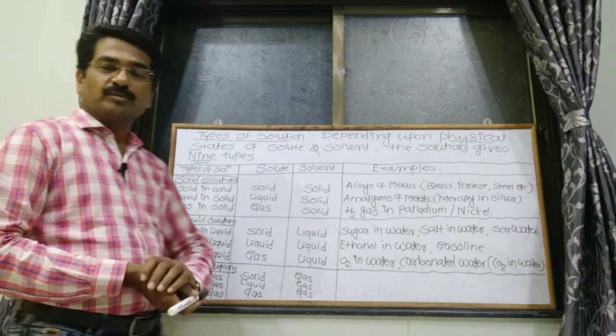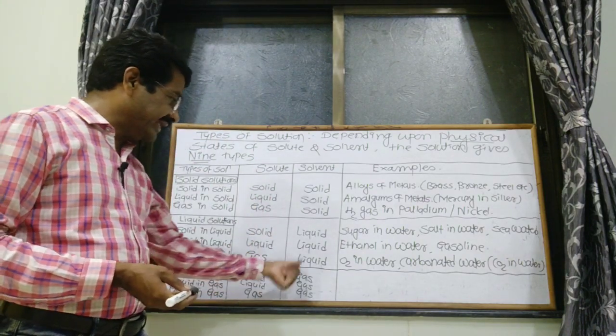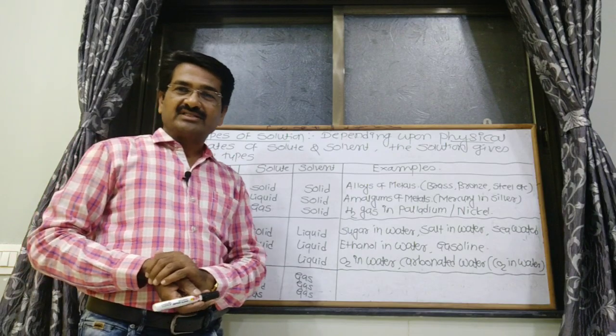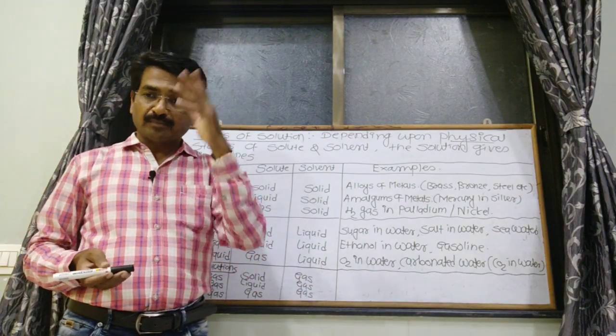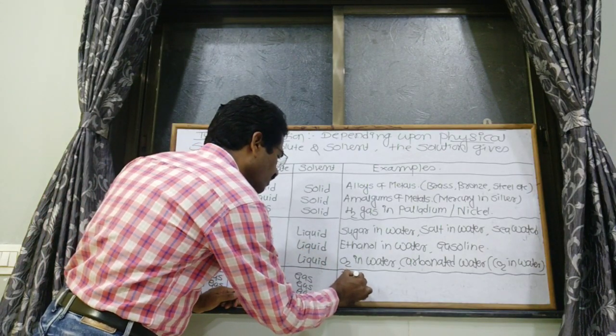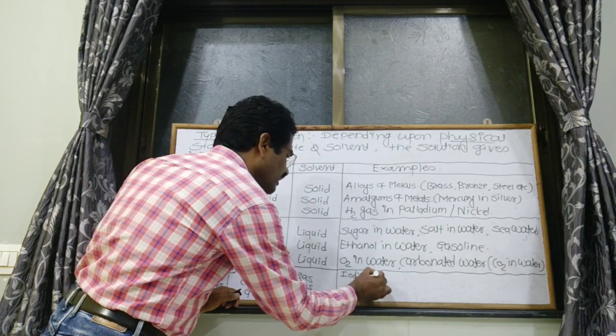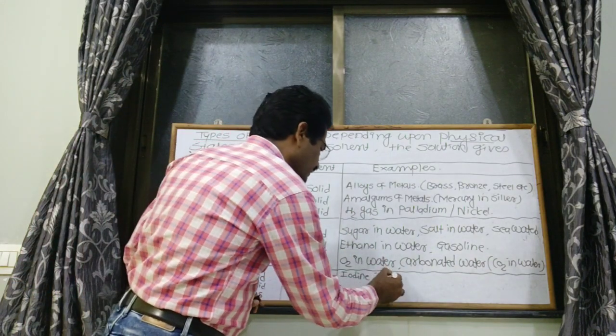Then gaseous types of solutions. It consists of three. First, solid in gas, in which solid is the smaller proportion and gas is the larger proportion. A very simple example: iodine in air.